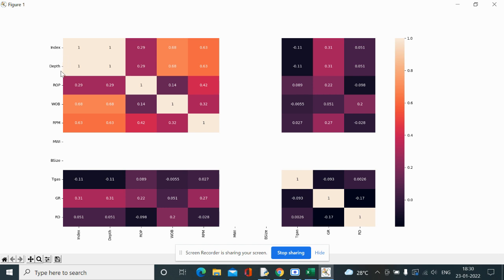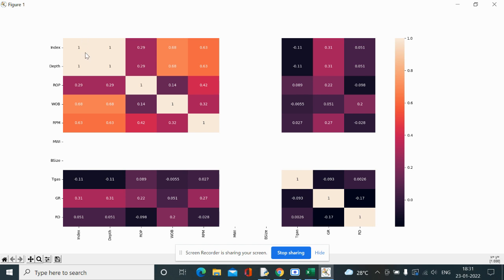You have index, depth, ROP, weight on bit, RPM, mud weight, bit size, total gas, gamma ray, resistivity. As you can see, there is nothing against mud weight and bit size because they are not varying. Mud weight is kept constant, and bit size is also kept constant, hence the correlation matrix is not applicable to these two parameters.